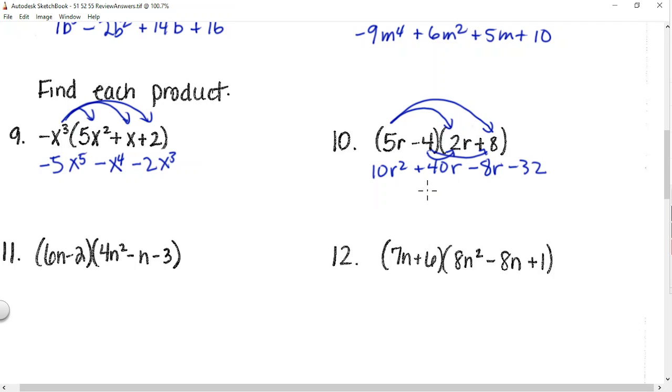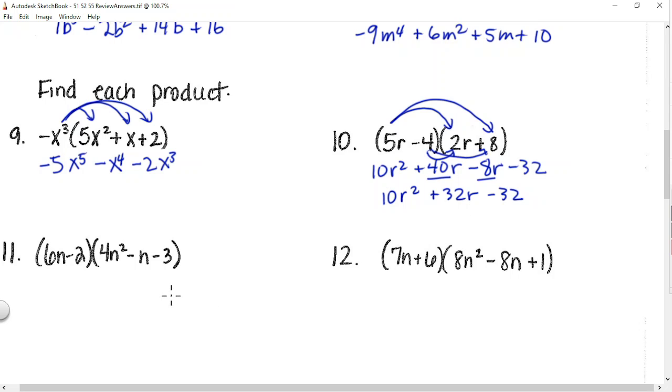Now, you do have to look and see, can we combine like terms here? Yes, we can. So you get 10r squared. And you have this, 40r minus 8r. So that's plus 32r. Okay, and then you have minus 32. And that's it. Okay, so that one's finished.